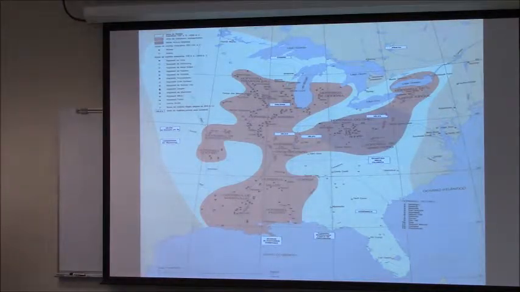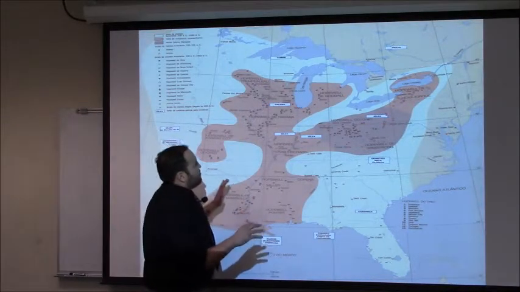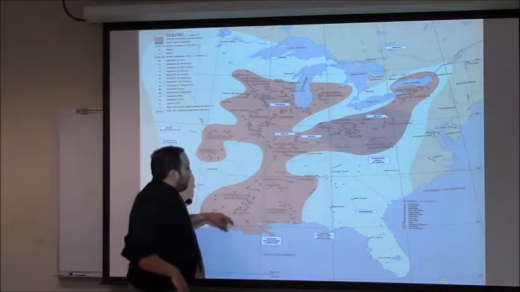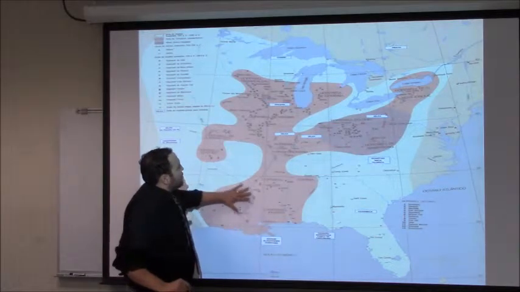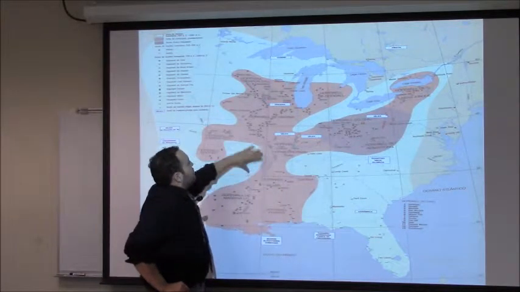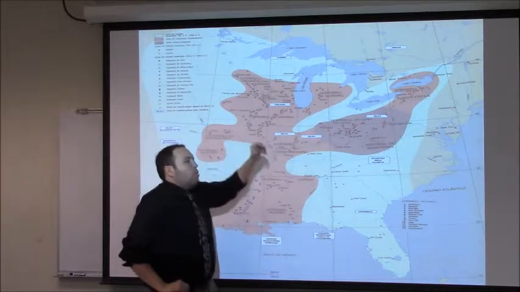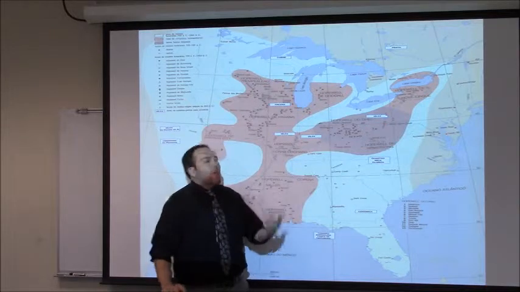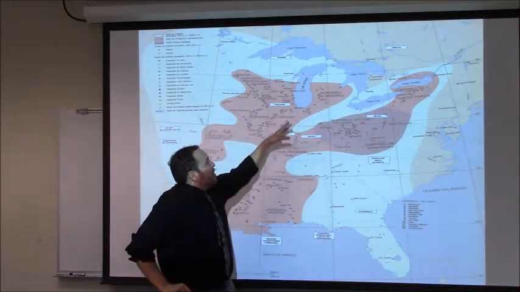This is a general map kind of showing you, again, this isn't exact, but this is kind of our estimation. And the reason we could trace the Hopewell system, it kind of centers here in what is now Mississippi, Louisiana, but we found Hopewell pottery, Hopewell trinkets, Hopewell beads in areas all the way up to the Great Lakes area.